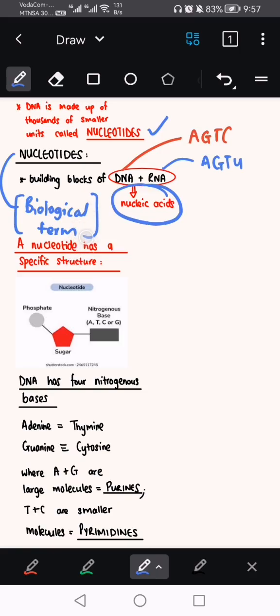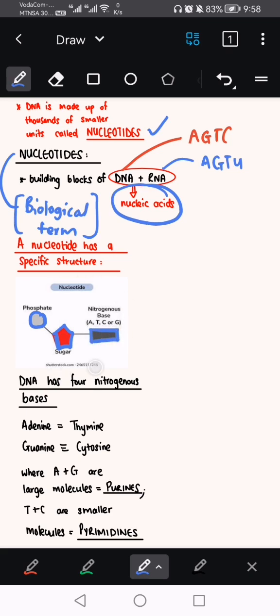Now, we just want to quickly look at, so I remember I said this is the smallest unit. Now we're going to zoom in on that unit. Now that unit is made up of three components: a phosphate group, a sugar group, and nitrogenous bases.